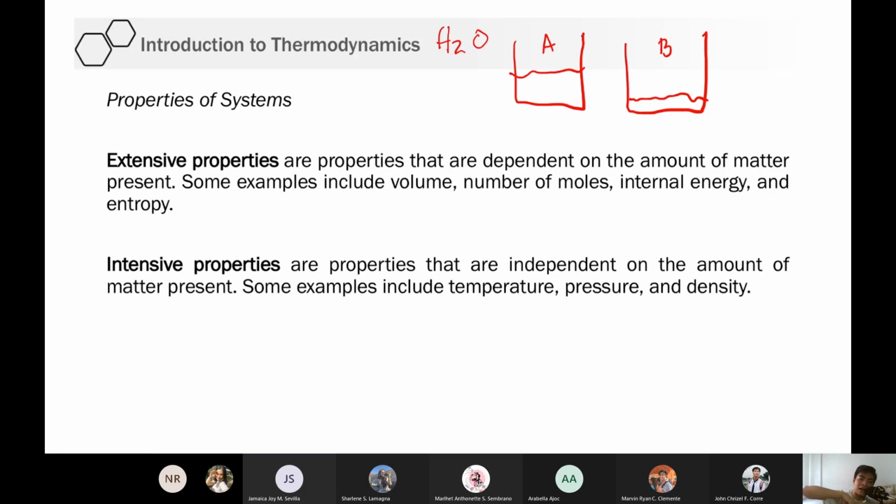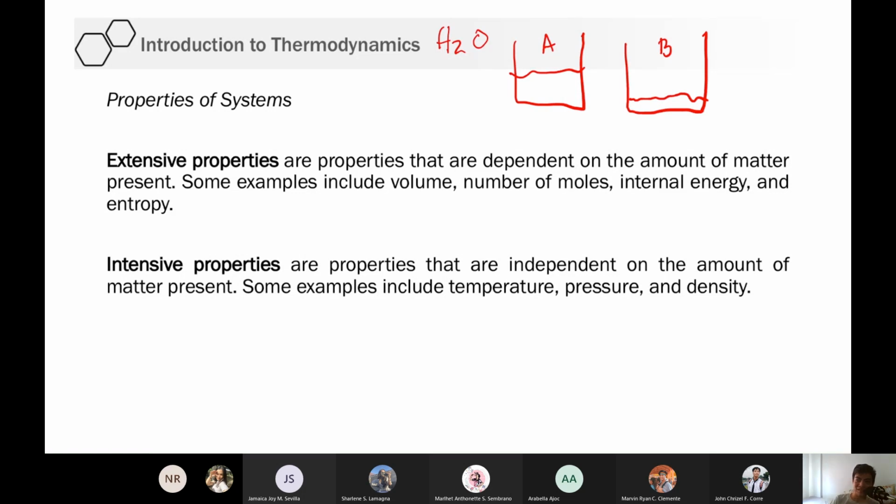Sino sa kanilang dalawa ang mas dense? Between A and B, tubig yung dalawang yan. Sino sa kanila ang mas dense? Paisip kayo, no?